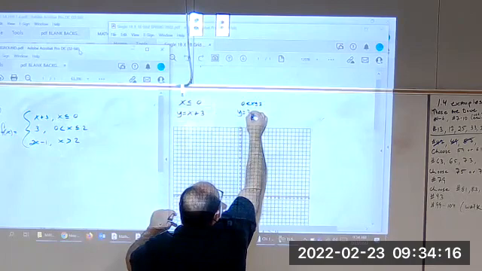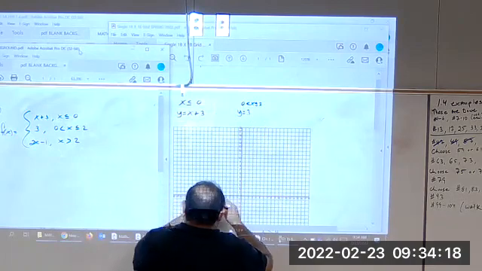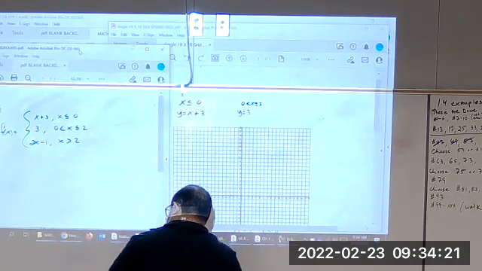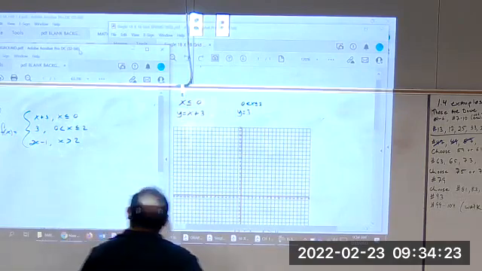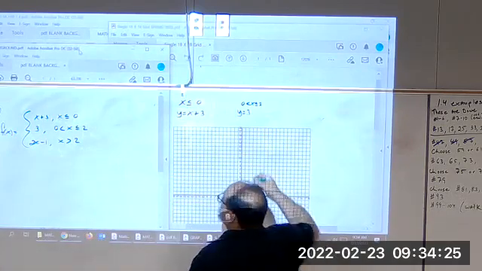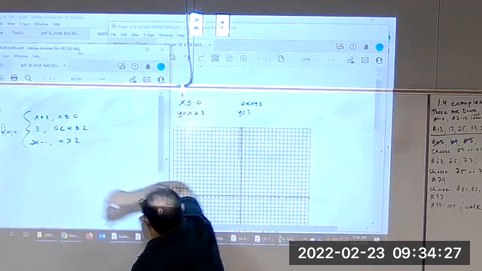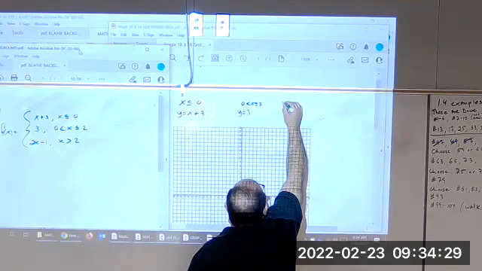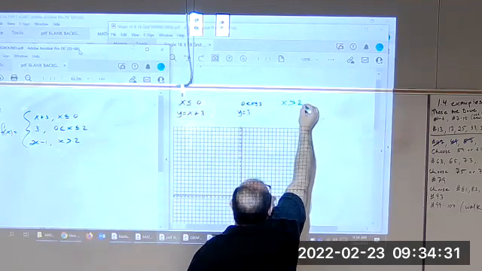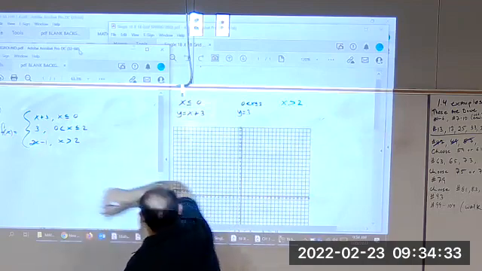Y is always a 3. And then on the right-hand side, the house on the right, for all the x's that are greater than 2, y equals 2x minus 1.